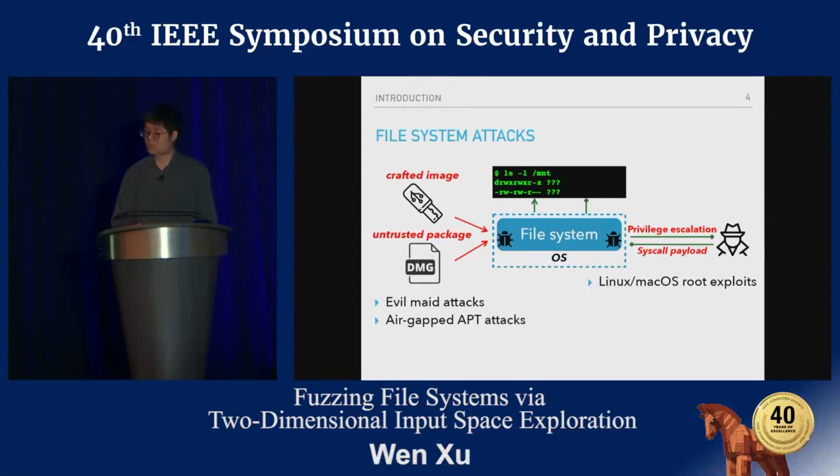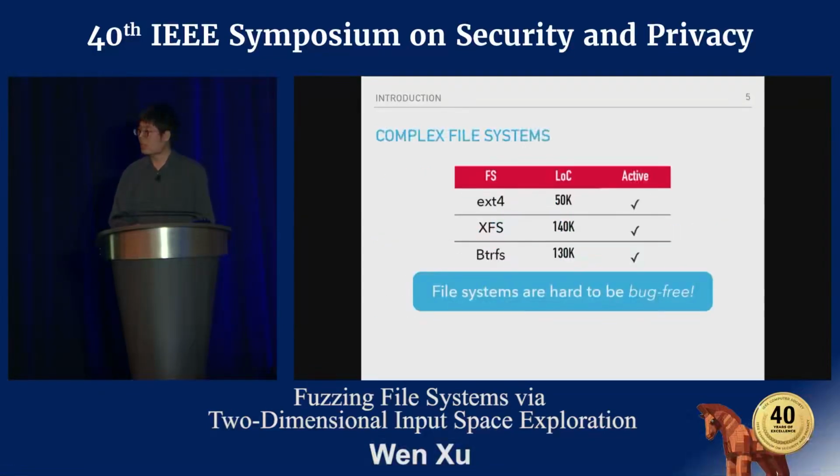Also, attackers can invoke some syscall payload on a mounted disk image to trigger bugs inside file systems. We can see a lot of root exploits. However, it is very hard to eliminate bugs in file systems. This is because file systems are quite complex, and also still under active development.